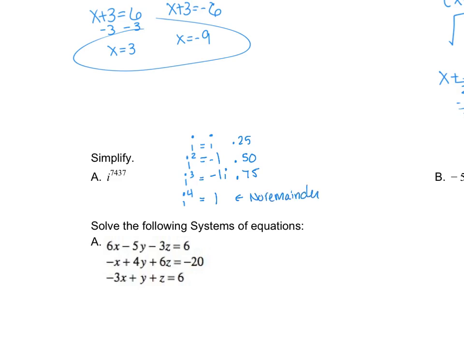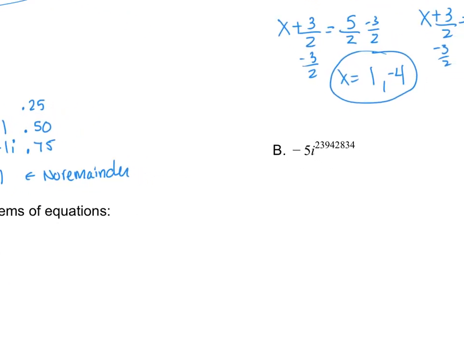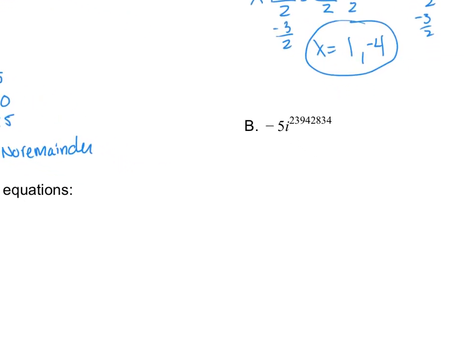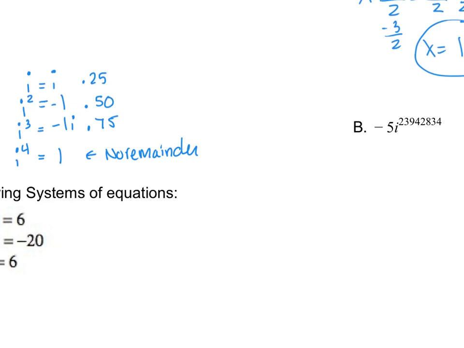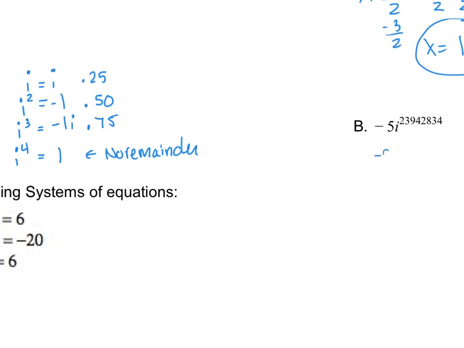So we're going to divide 7437 by 4, and we get 0.25, so we're going to replace it with i. For B, we're going to divide that big exponent, 23942834, by 4, and we get 0.5. So we're going to replace just the i to the power with -1. So we have -5 times -1, and that's a +5.